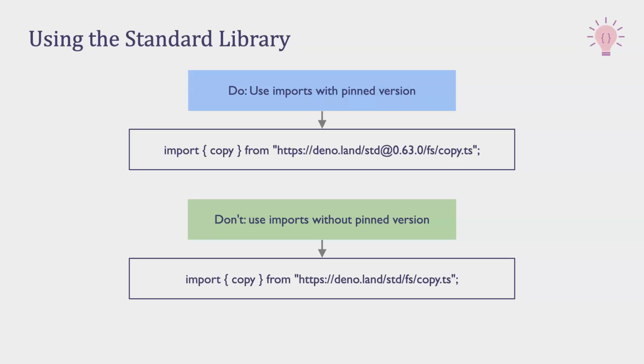This example doesn't specify any version, and if you use this code without pinned version, then if the standard library introduces a breaking change, because it is still unstable, therefore it can introduce breaking changes, then your code may break. It will no longer work. To avoid breaking your code, when the standard library is updated to a newer version, then you should use imports with pinned version. This will ensure that your code will always work.